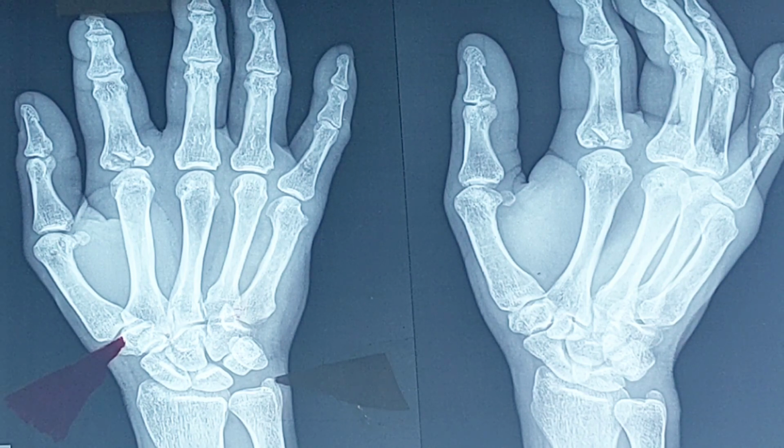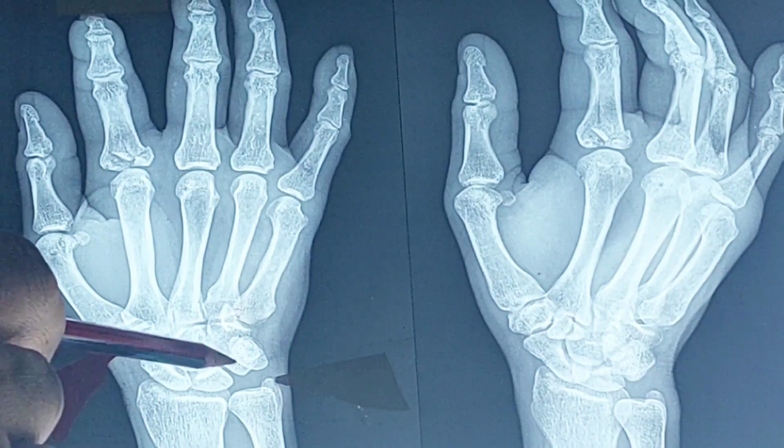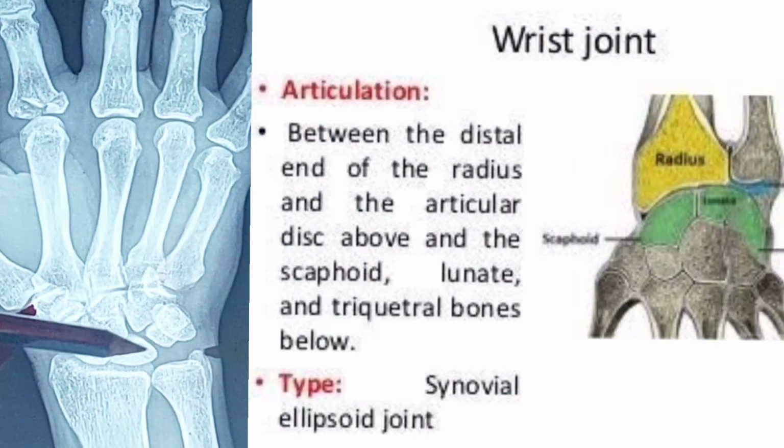So, usually all these questions are asked, and if you are asked regarding joints, you can see so many joints are there. If you start here, this is the wrist joint. Wrist joint is formed by the 3 carpal bones. Here, there is scaphoid, lunate and triquetral, these 3 bones, and proximally this lower end of the radius, and here one articular disc is there.